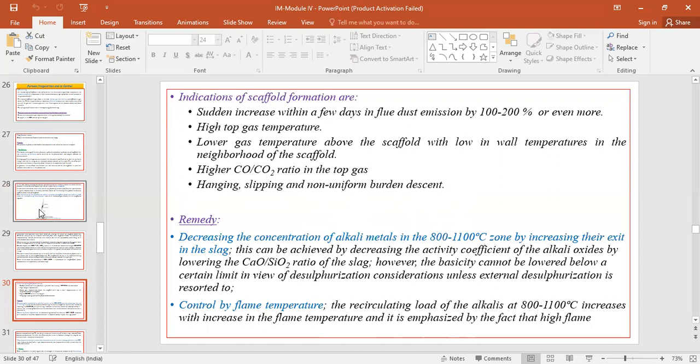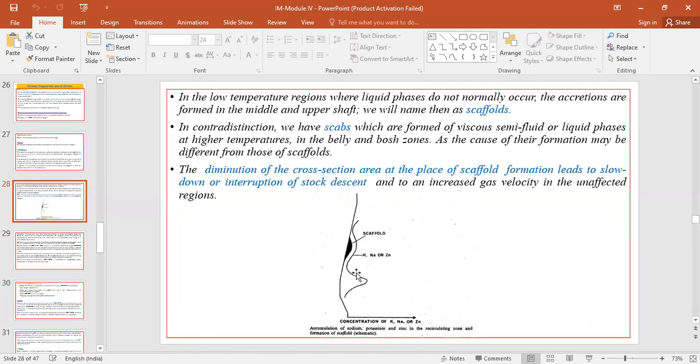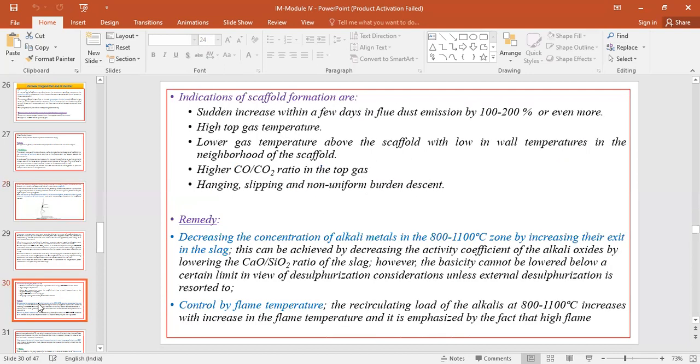And because of this kind of solid projection, certainly there will be non-uniformity in the burden movement inside the blast furnace. So the remedy for this is how to avoid the formation of these solid accretions inside the blast furnace.